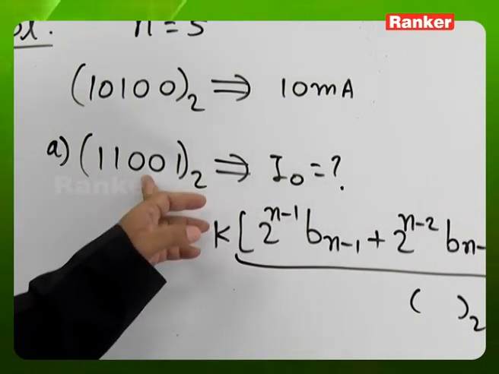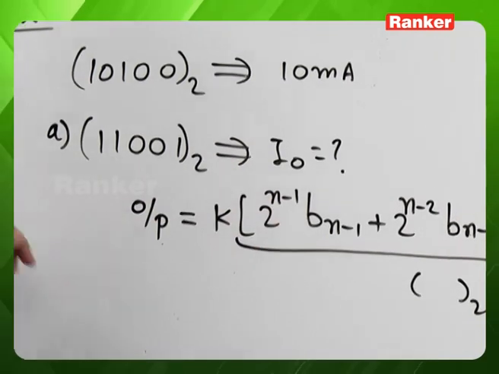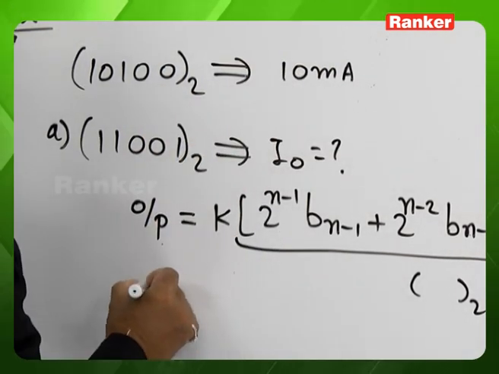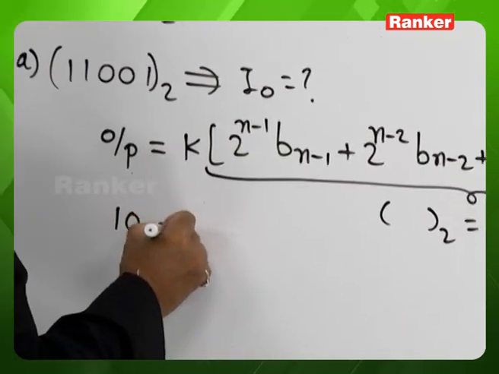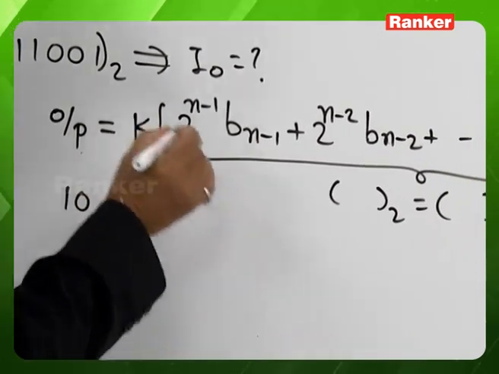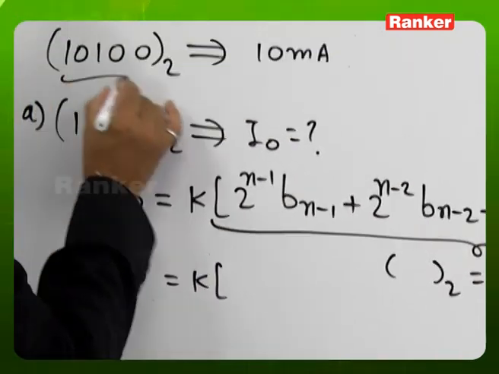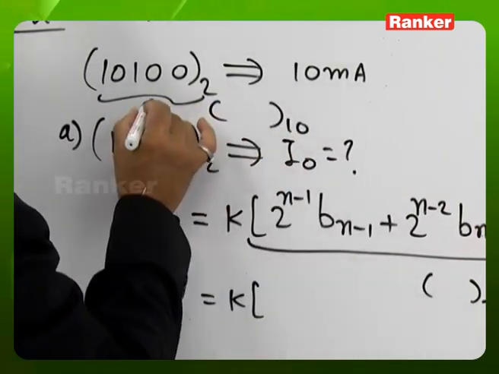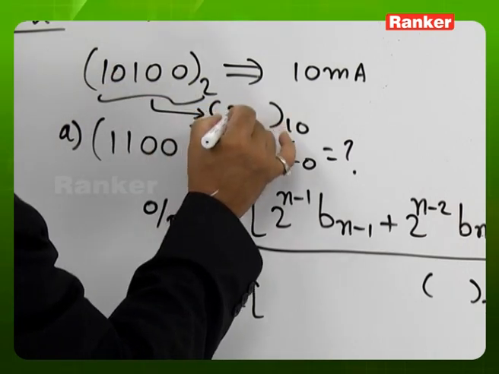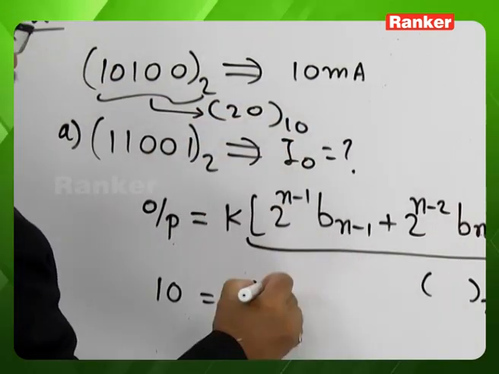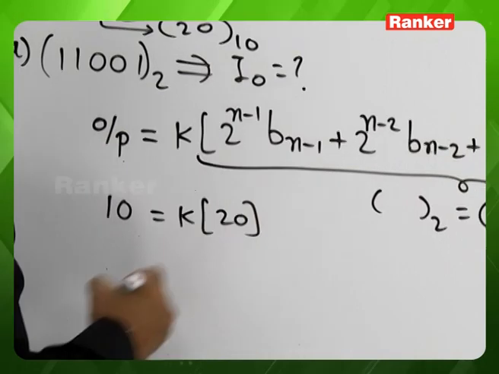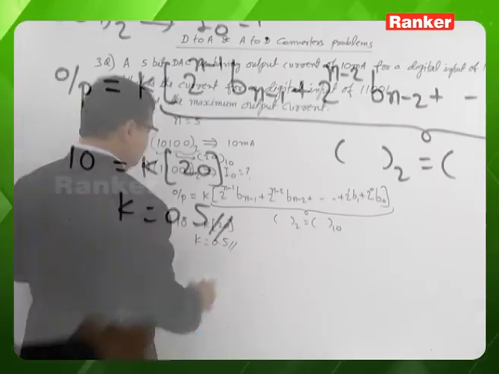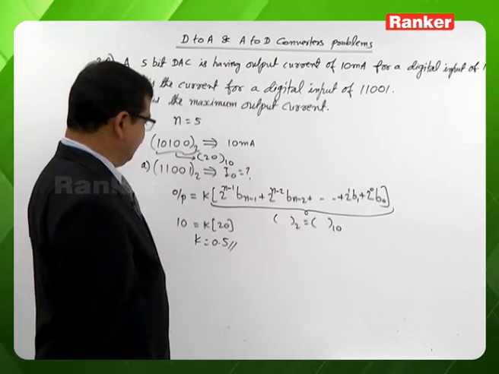So let us look first at the proportionality constant. 10 milliamps equals K, which is unknown, times the equivalent decimal value, which is 20. So in the parenthesis place we put 20, which gives K equal to 0.5. It is the proportionality constant, of course in milliamps.